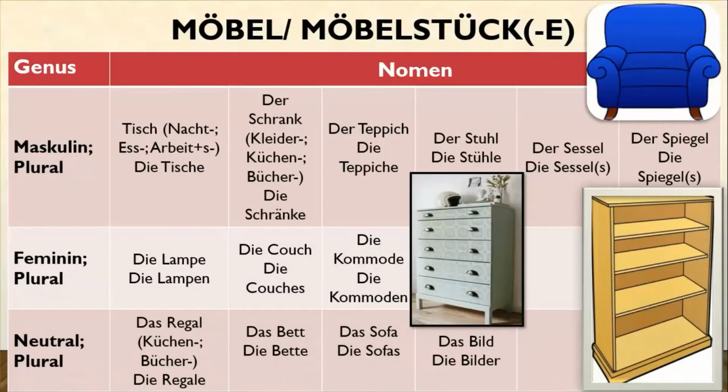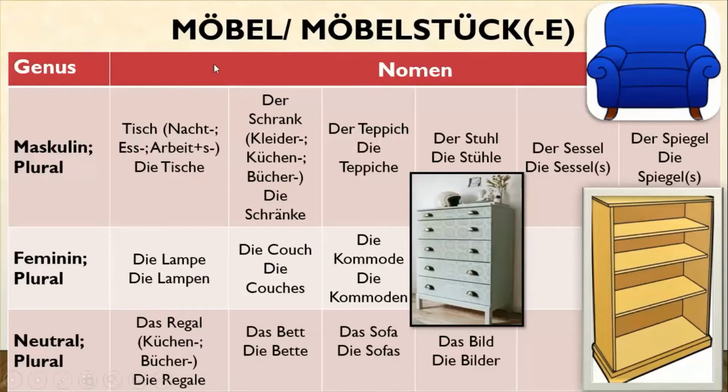So let's have a look at this table. As you can see, most of the German nouns are masculine in nature. Then we have some neutral and a few feminine nouns. Der Tisch is the table, plural die Tische.